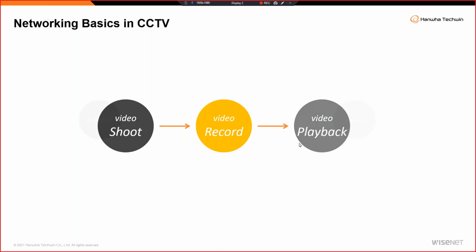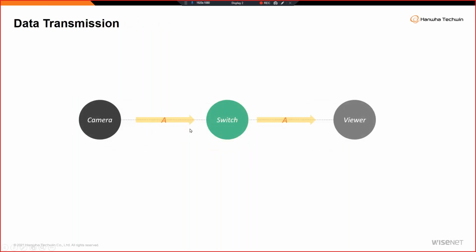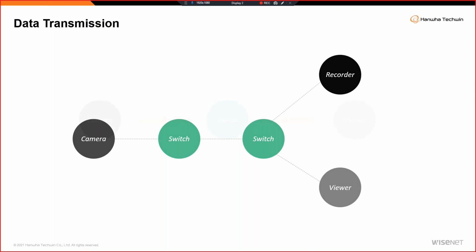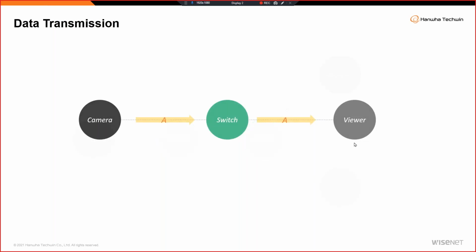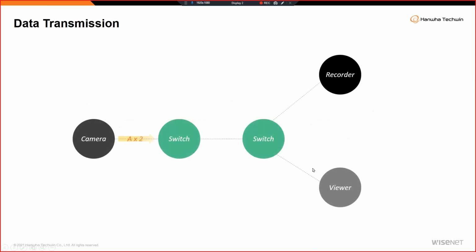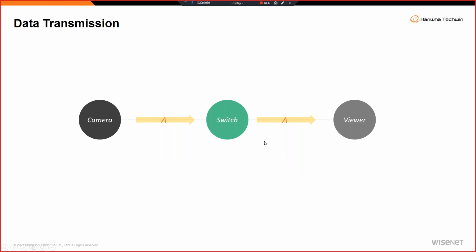Now, IP cameras. When you have IP cameras, the camera is of course connected to a network switch. The operator or the client is also connected to the same network switch. So how does the traffic flow?